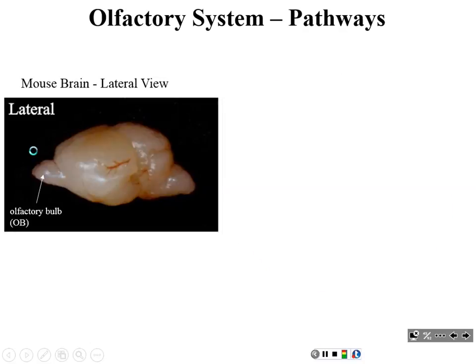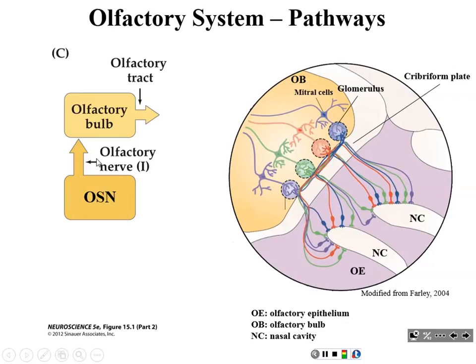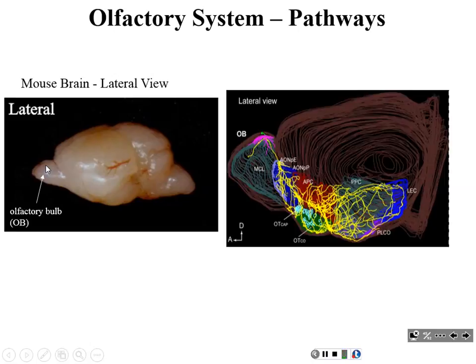What I'm going to show you next is how that individual single axon shown in here targets higher cortical areas. Sorry. And I'm going to use, again, a mouse brain. So I'm going to show you a projection of one individual mitral cell that is receiving a specific input from one set of sensory neurons that express one odorant receptor, and how it targets the brain.